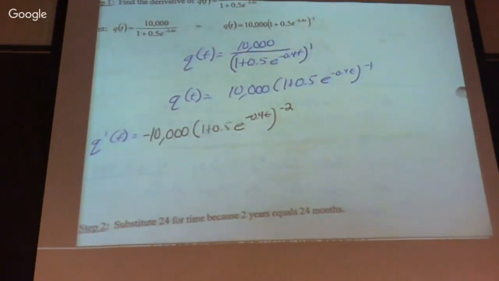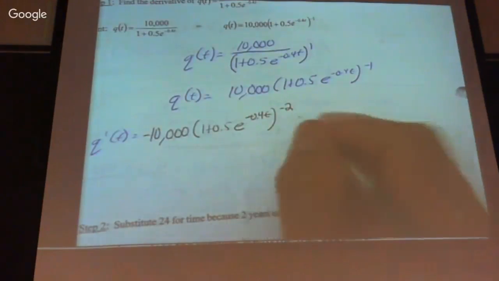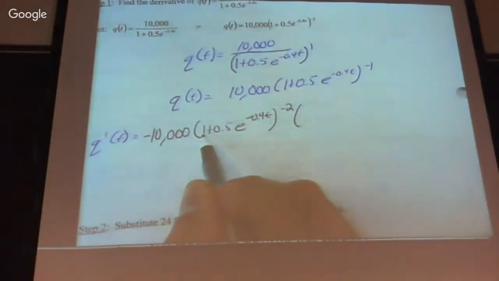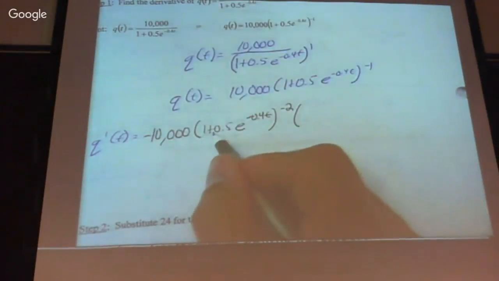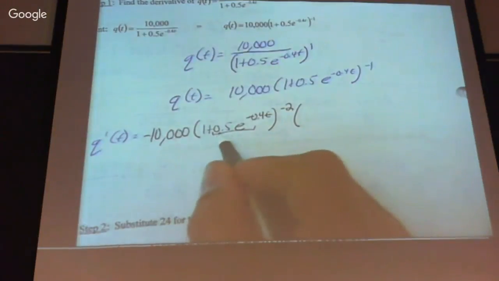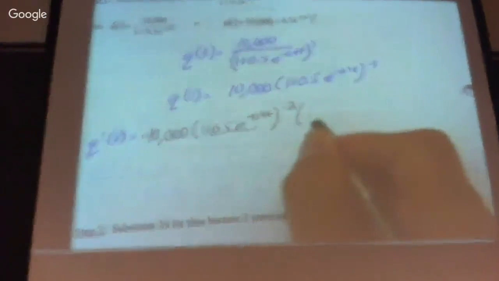Derivative of the inside. Whatever I have to do to find the derivative of the inside. So I go to the inside. What's the derivative of 1? 0. Now the derivative of this is a special case, e. So what happens to the number in front? Stays in front.